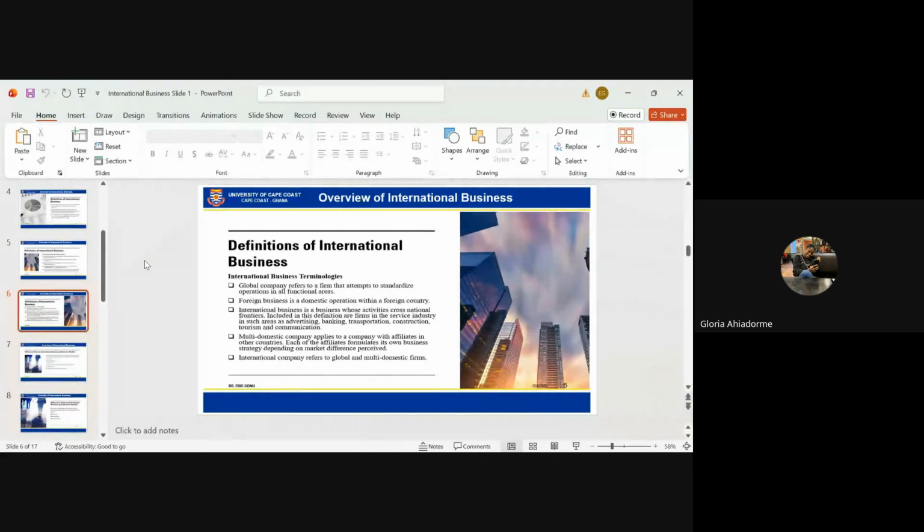You have to listen. Companies are different from activities. Companies are the entities, and foreign businesses are the domestic operations. The activities are what we call businesses. If a company comes from, let's assume, Zenith Bank, which is from Nigeria, and they have business activities here, those business activities are what we term foreign business.